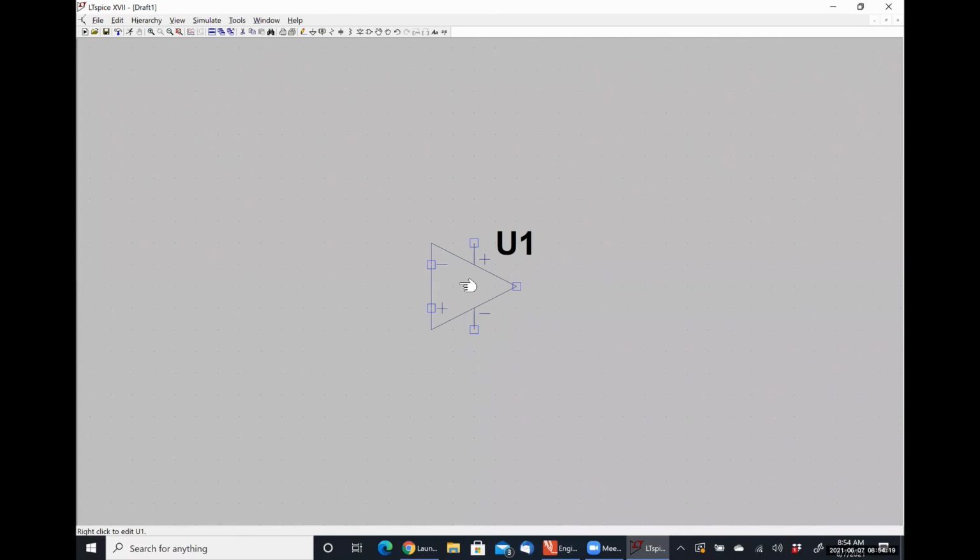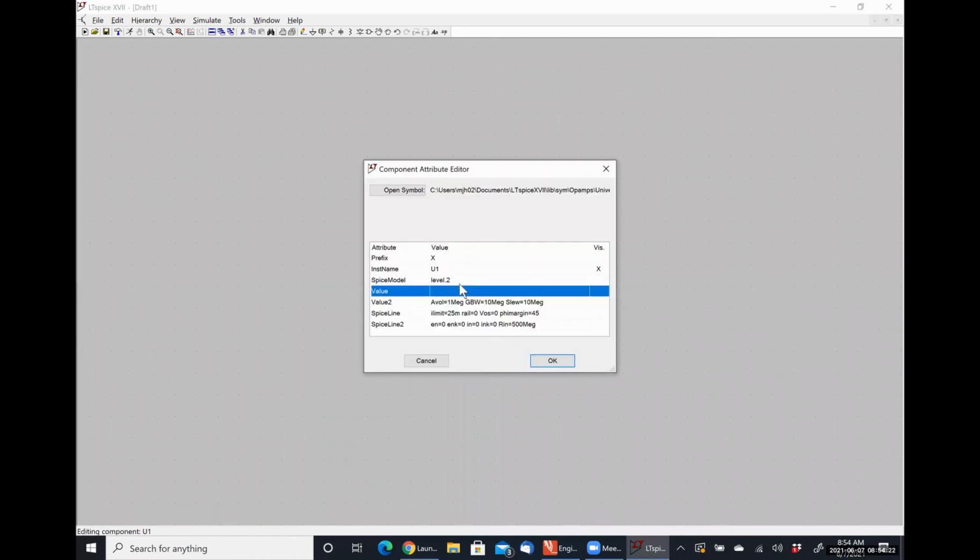The reason why I use this op amp model is that if I right click it, it has a list of editable parameters. So the first editable parameter is the spice model. At level 2, this is, let's call it, an ideal op amp, except that it takes into account saturation distortion, meaning the power supply voltages matter.